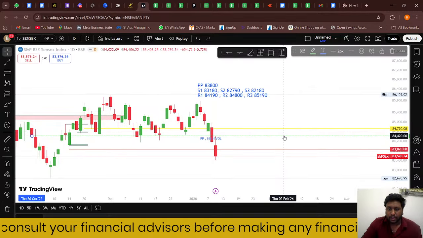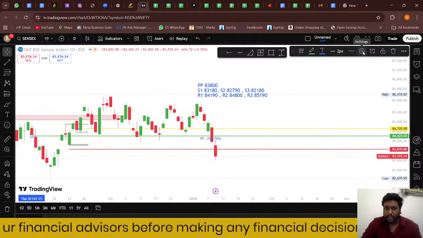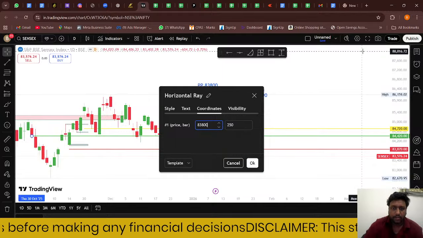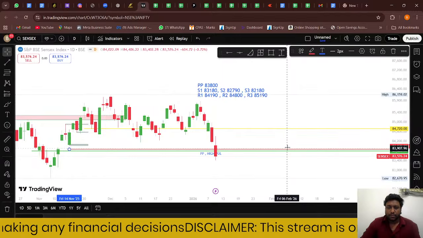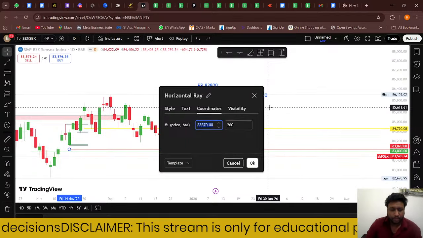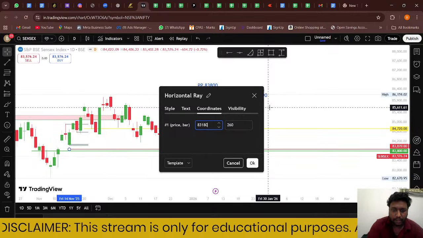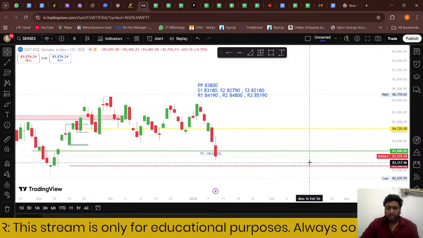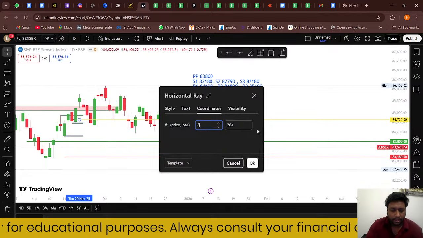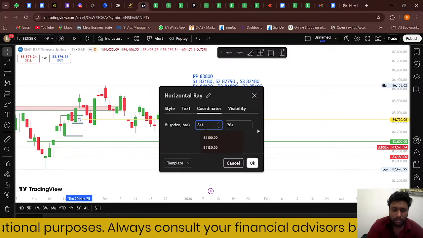Anyway, today's pivot line is 83,800, and first support is at 83,180. On the resistance side, 84,190.